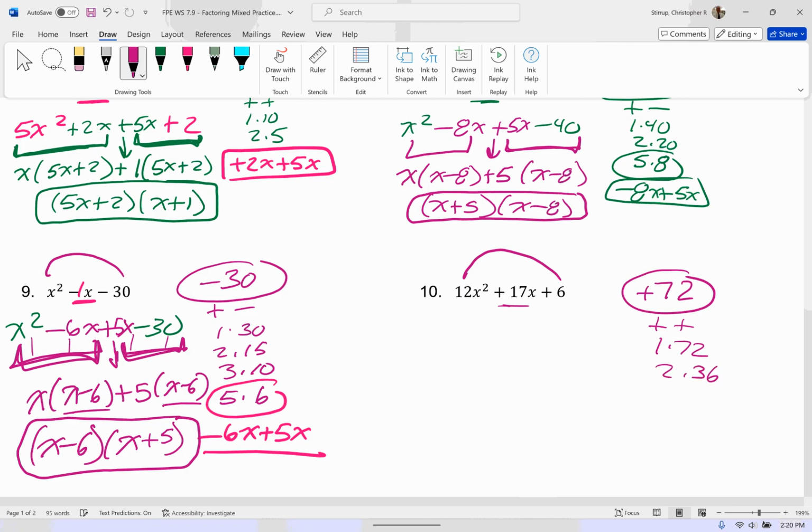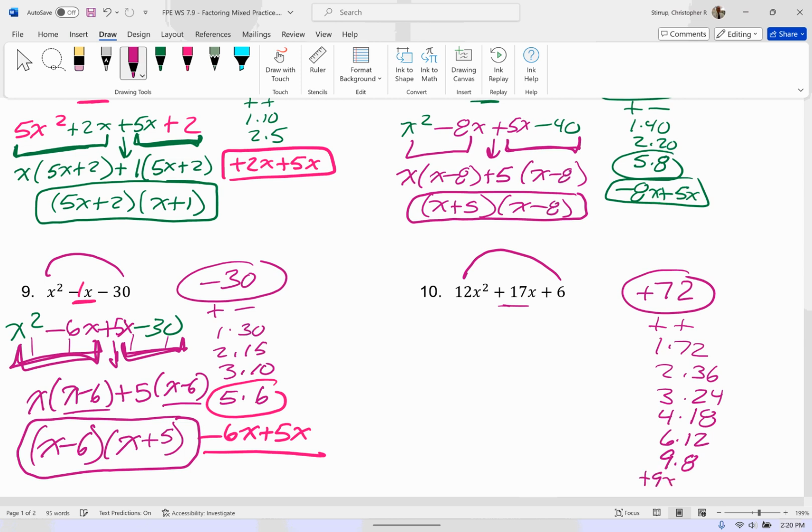Nope. 4 and 18. Nope. What else works? 6 and 12 works. Anything else? There's one more. Who's got it? 9 and 8. Very good.